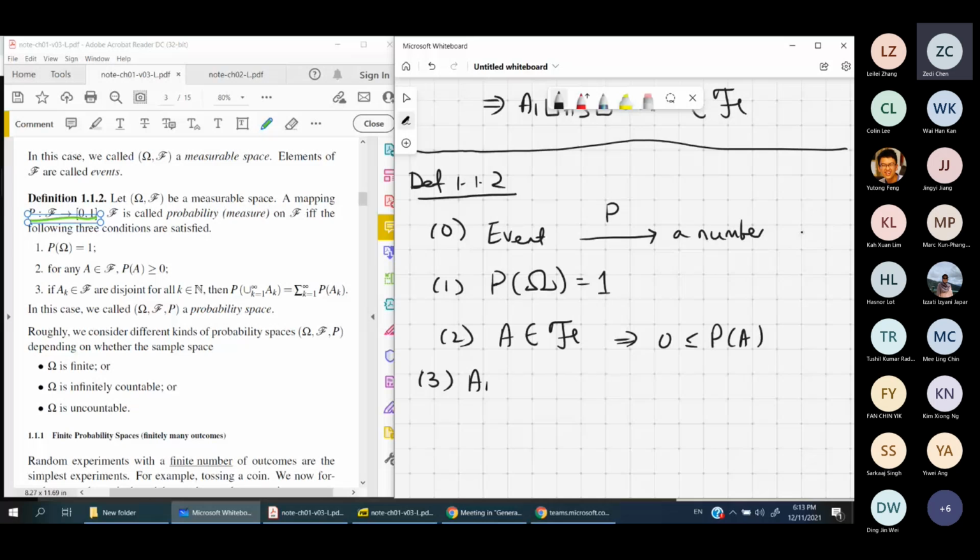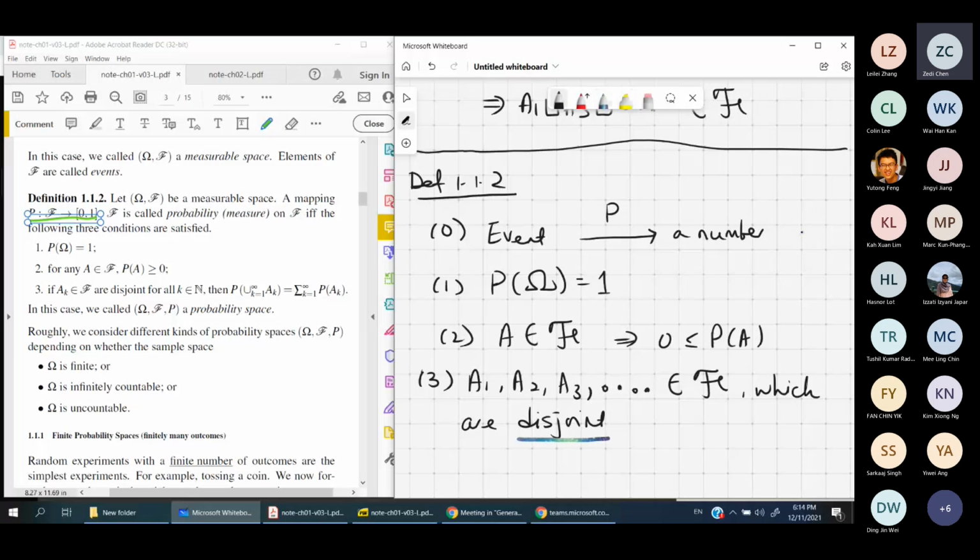Number 3. Again, if we consider a sequence A1, A2, A3, a sequence of events which are disjoint, so this is very important. We only consider disjoint events.